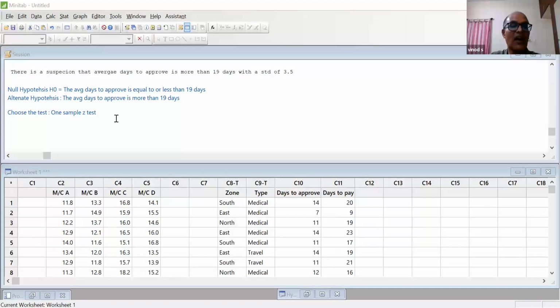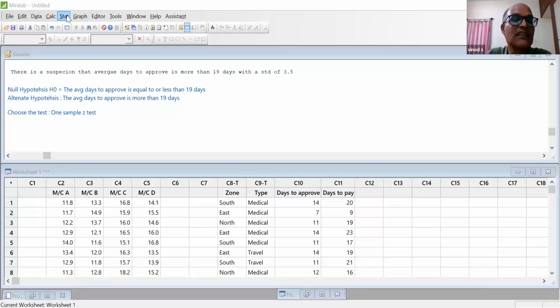This area is called the session window, right? This is very similar to an Excel sheet, but this is not a substitute for Excel. Here only statistical analysis will be done using Minitab, right? Now one more advantage with Minitab is that around 90% of your application is under this title called Stat.